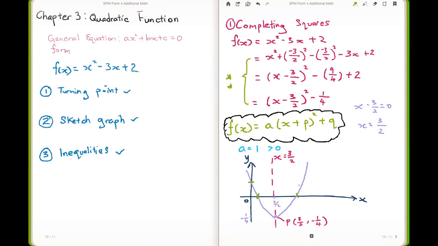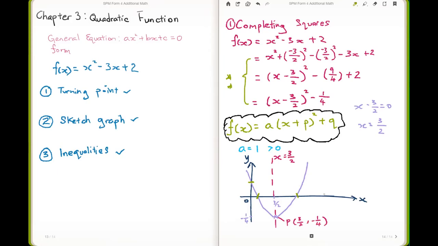Well, in the previous chapter we learned b squared minus 4ac, a condition to tell if it intercepts the x-axis at 2 points or 1 point, or it doesn't intercept at all. So the following part is going to make use of those conditions.